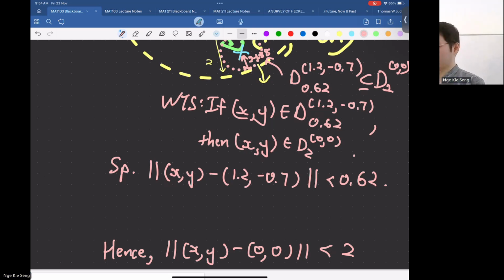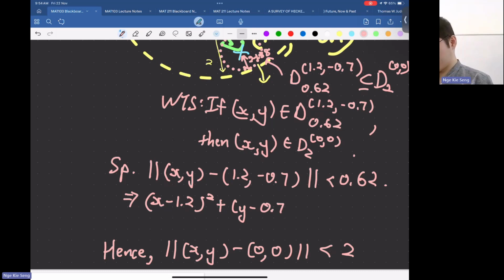开出来算了。What's the formula? (x minus 1.2) squared plus (y minus 0.7) squared is less than, oh yeah, thank you, so this is less than 0.62 squared.